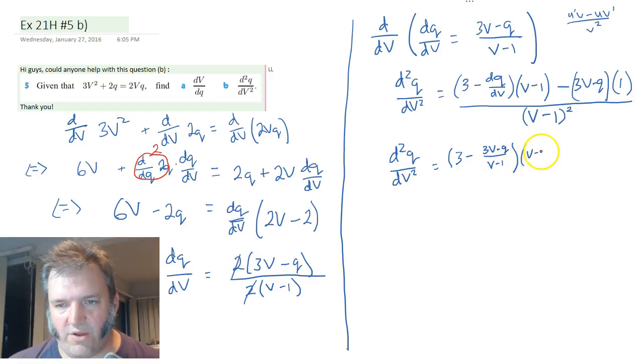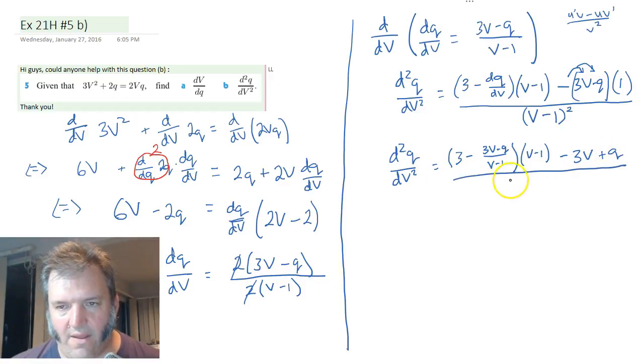Look, that's being multiplied by v take 1. That's going to help us. And this other bit is just going to be negative 3v, and I'm going to distribute that minus sign. Negative times negative q becomes plus q. This is all over v take 1 squared.